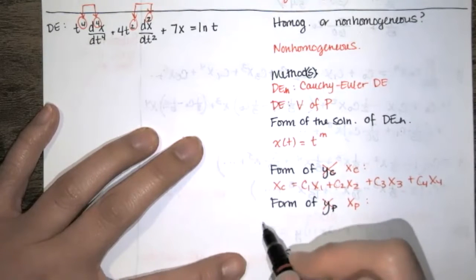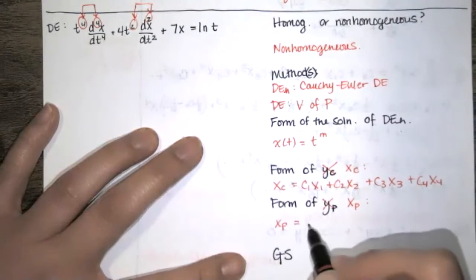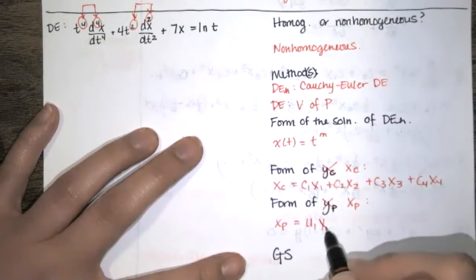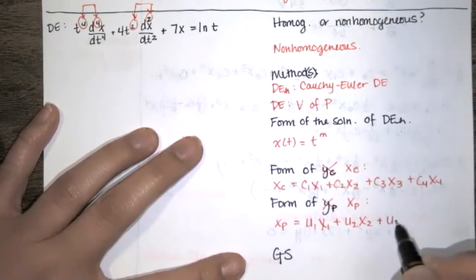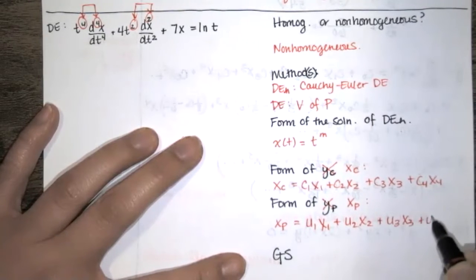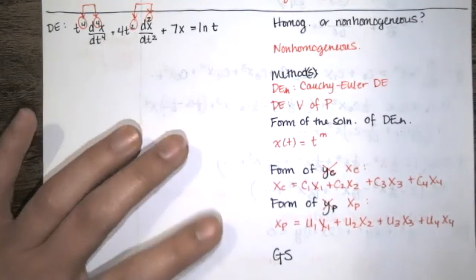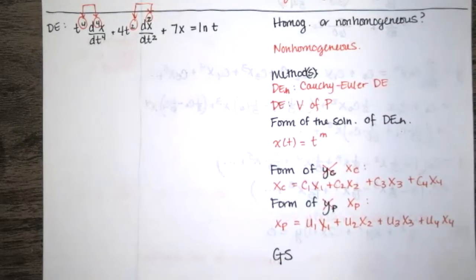And x sub p will have the form u1 x1 plus u2 x2 plus u3 x3 plus u4 x4, where u1, u sub 2, u sub 3, u sub 4 are all non-constant functions, so that x sub p is linearly independent from x sub 1, x sub 2, x sub 3, and x sub 4.